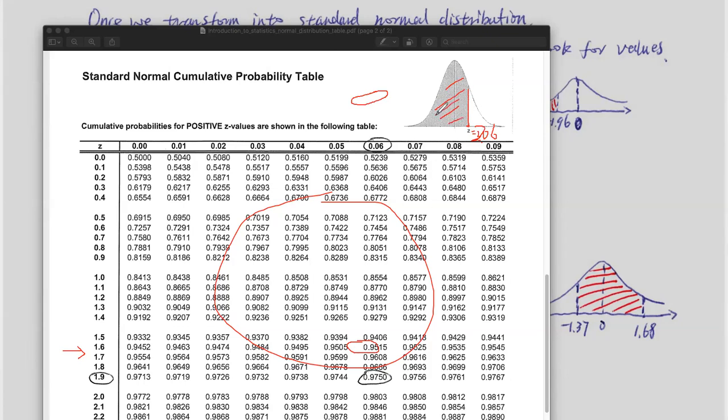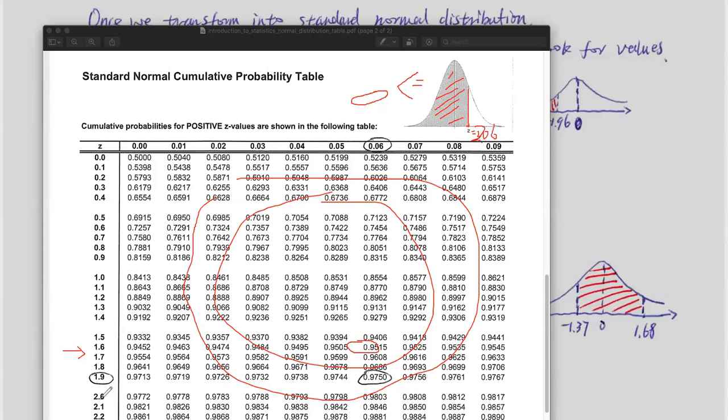Is that clear? So all those probabilities, on this page and the previous page, are always to the left. Always, everybody, always to the left. So far, we have two examples, and in both we are asking for the probability to the left of some number.